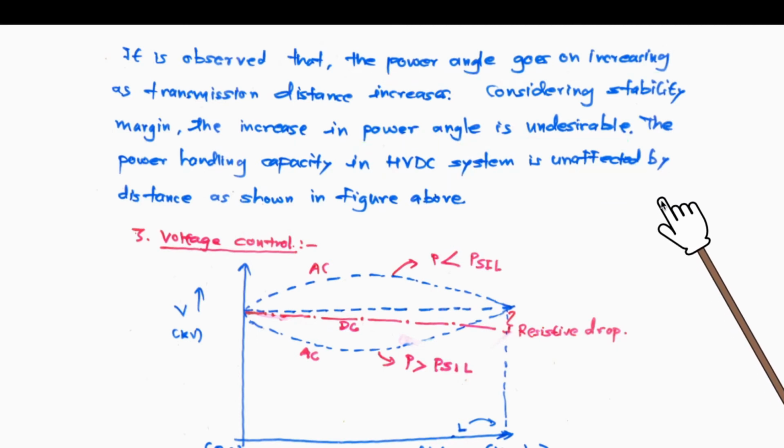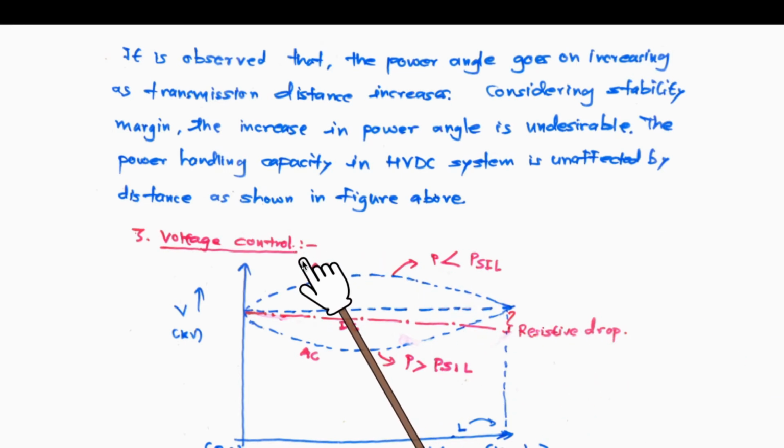Let us now come to the next point of comparison, that is the voltage control. Here at the bottom, in the voltage control, the x-axis is the transmission distance and the y-axis is the voltage profile, or the voltage on the transmission network. Observe carefully that there are three different characteristics.